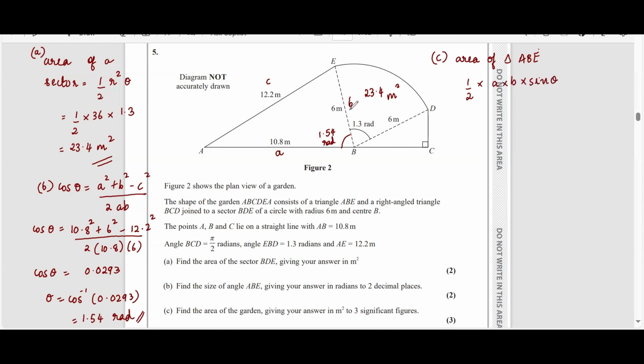We have a, we have b, and we have theta, so we just substitute the values. A is 10.8, b is 6, and theta is 1.54.